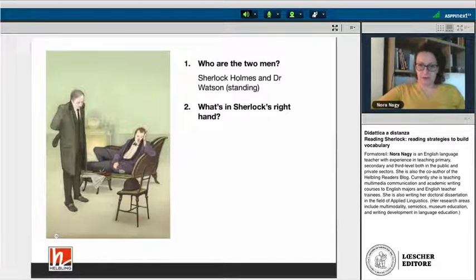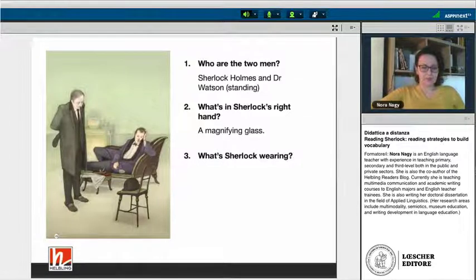So now we know that this is Sherlock Holmes on the sofa, and can you tell me what he's holding in his right hand? A magnifying glass. Okay.